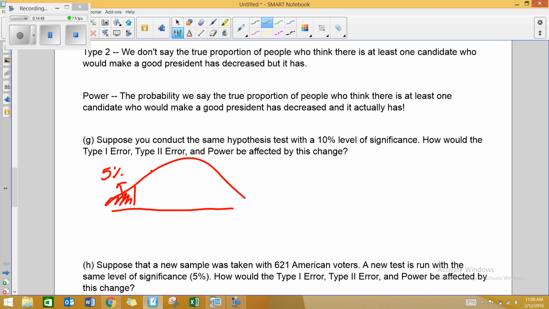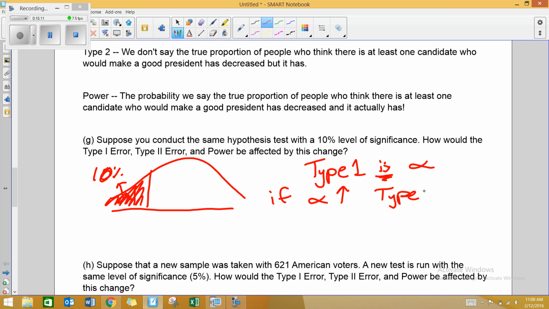I just said, hey, let's bump that up. Let's make that 10%. How would the type 1 error change? Well, type 1 error is alpha. So if alpha goes up, type 1 goes right with it. So type 1 goes up.